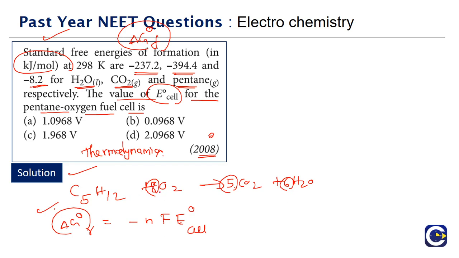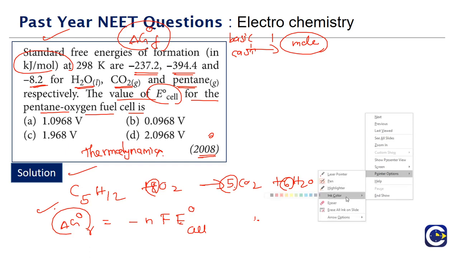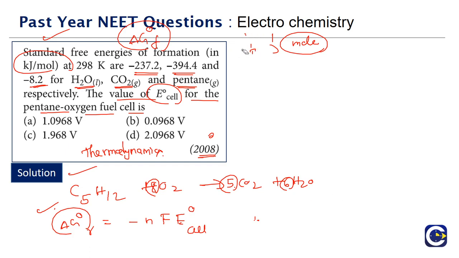What is given to us is the standard free energies of formation of H2O, CO2 and pentane. So in thermodynamics, if we have the standard free energy of formation of any substance, standard free energy of formation means the reaction where we form 1 mole of that substance from the basic constituents.